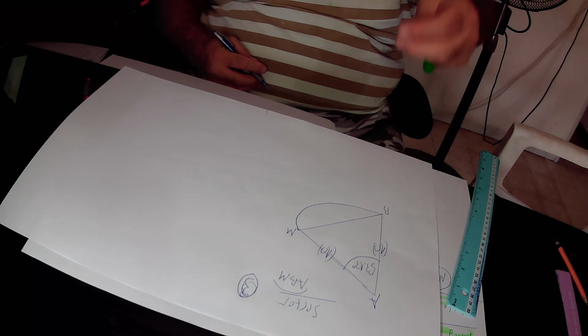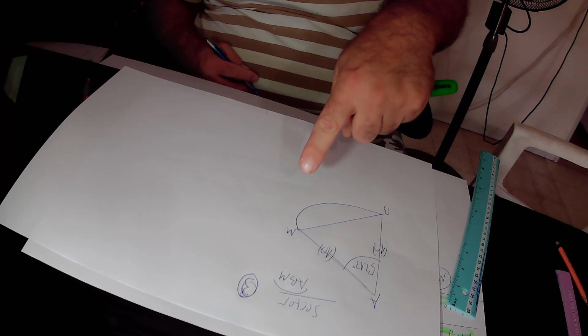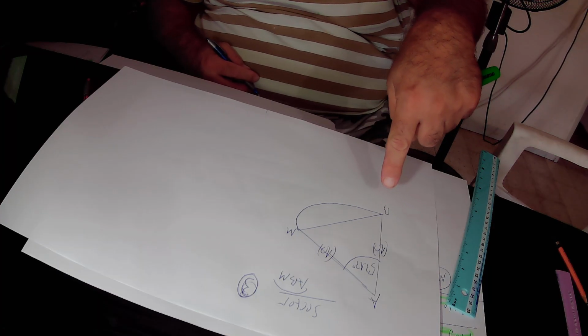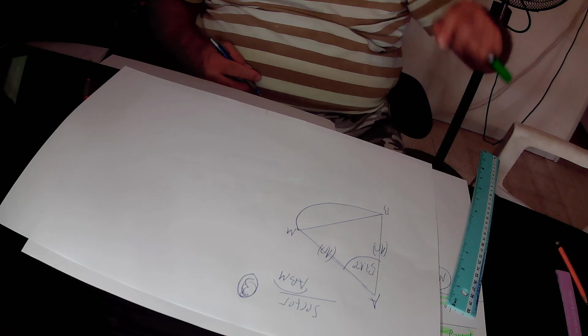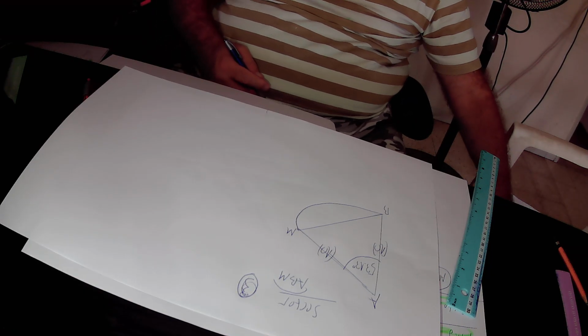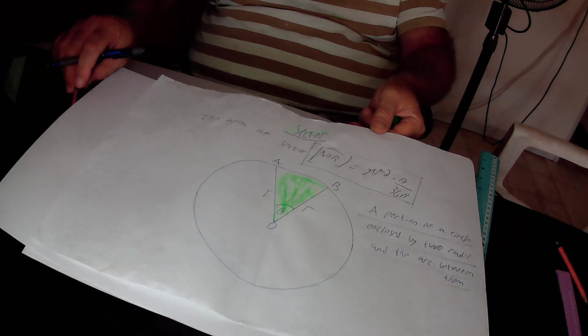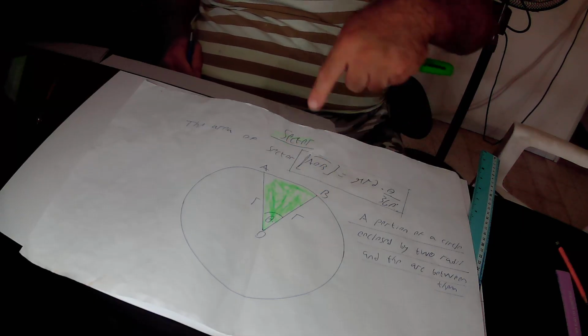A sector is a portion of a circle enclosed by 2 radii and the arc between the 2 radii, the arc BM. The green shape ABM is a sector.